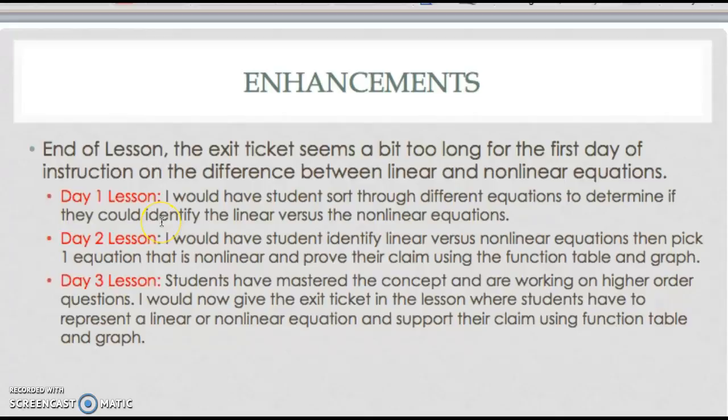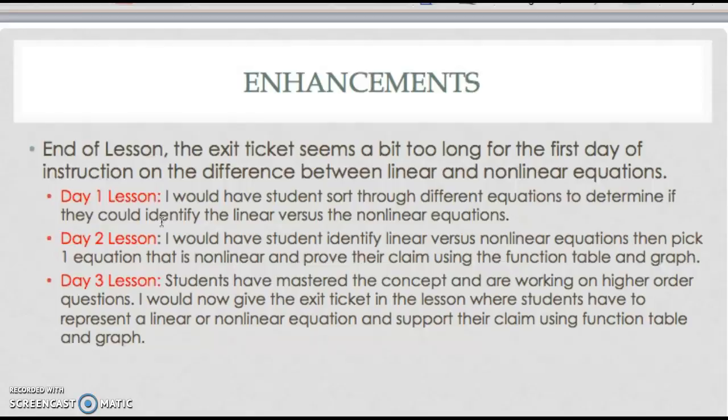So on day one of the exit ticket, I want students to be able to identify those features of linear versus nonlinear equations. And then you could also have in there different function tables, different graphs. So the things that they were doing in that first lesson, they are now just being able to identify, being able to look and say, oh, there's an x squared plus 2.